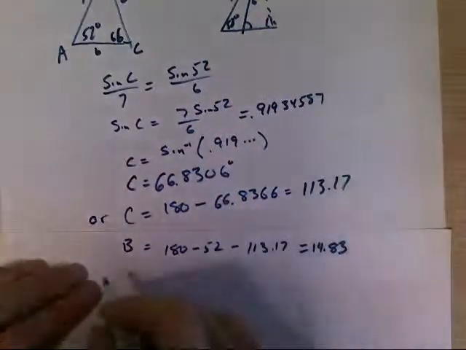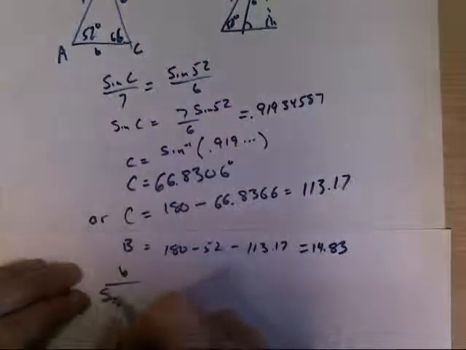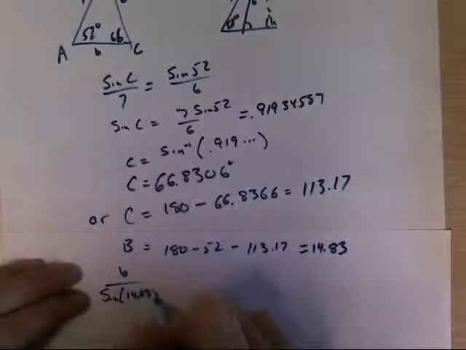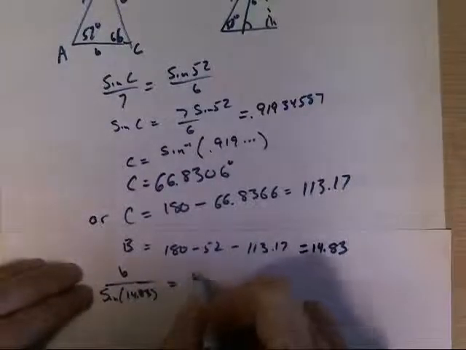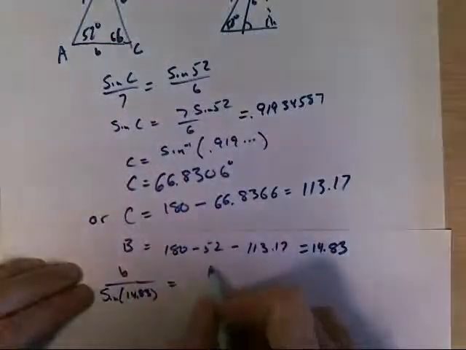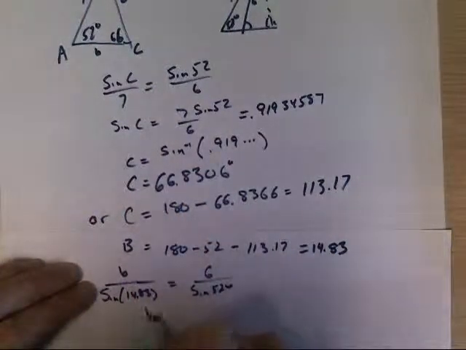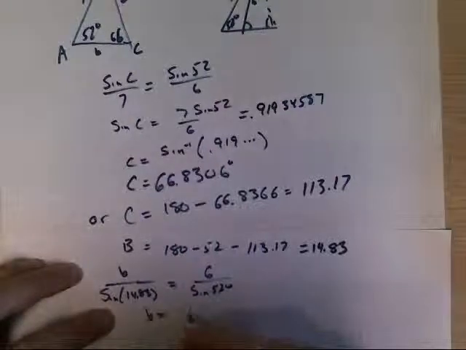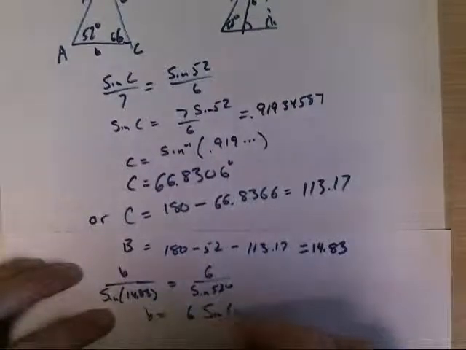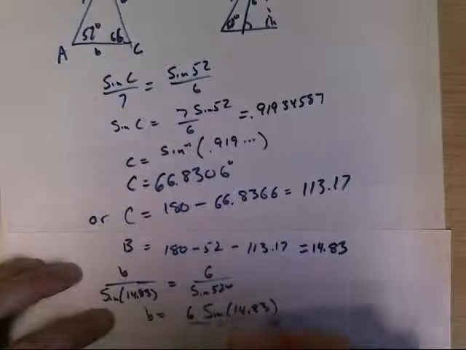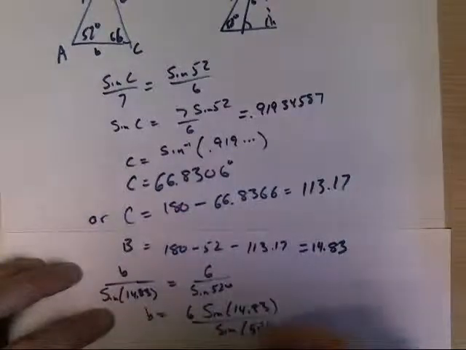Calculating side B now, B divided by the sine of 14.83 is equal to, what am I going to use? 6 in the 52. 6 divided by the sine of 52 degrees. So B is equal to 6 times the sine of 14.83 divided by the sine of 52 degrees.